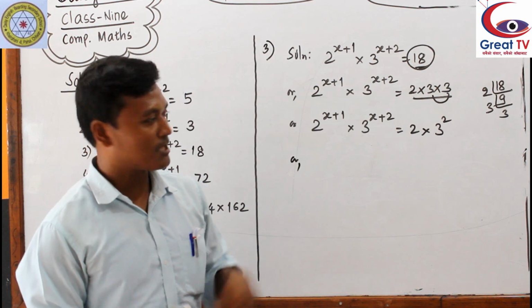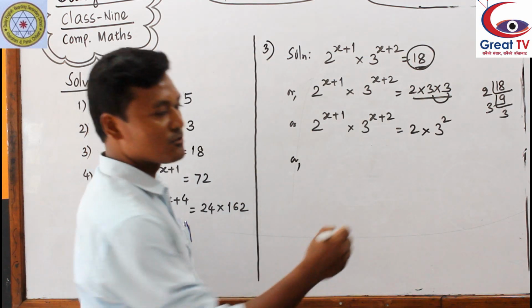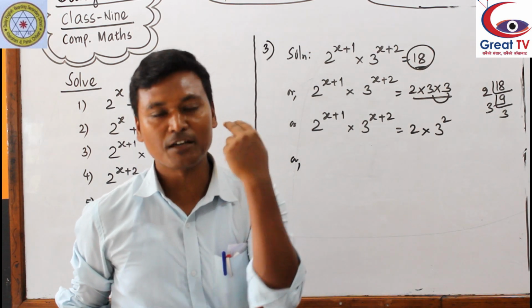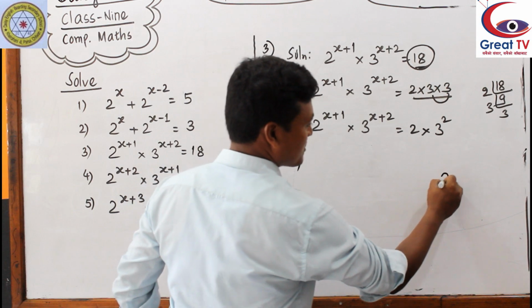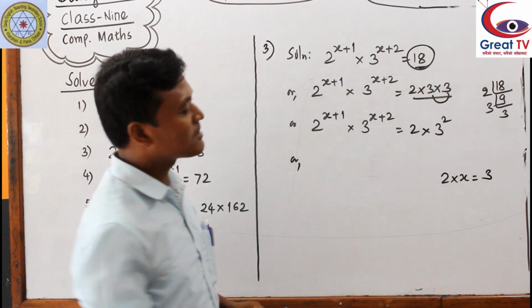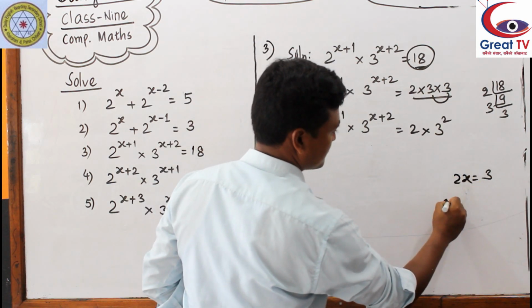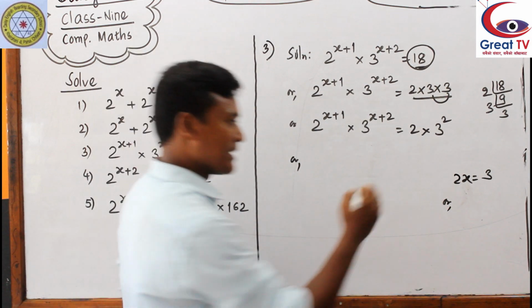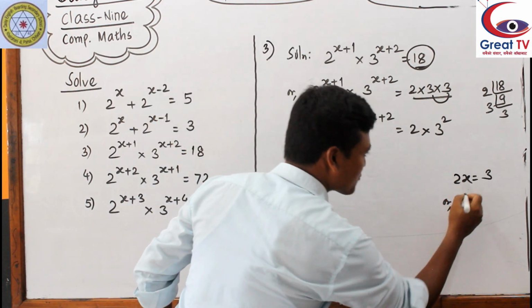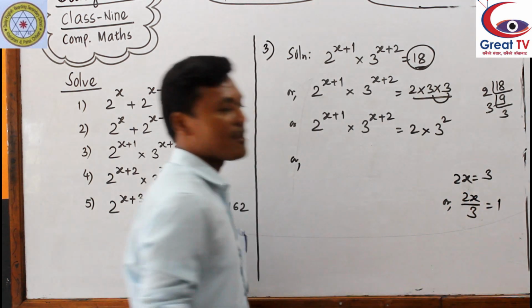before I solve the next step, I want to tell you a very new concept. If we have 2 times x equals 3, let us say 2x equals 3, this can be written as 2x by 3 equals 1.